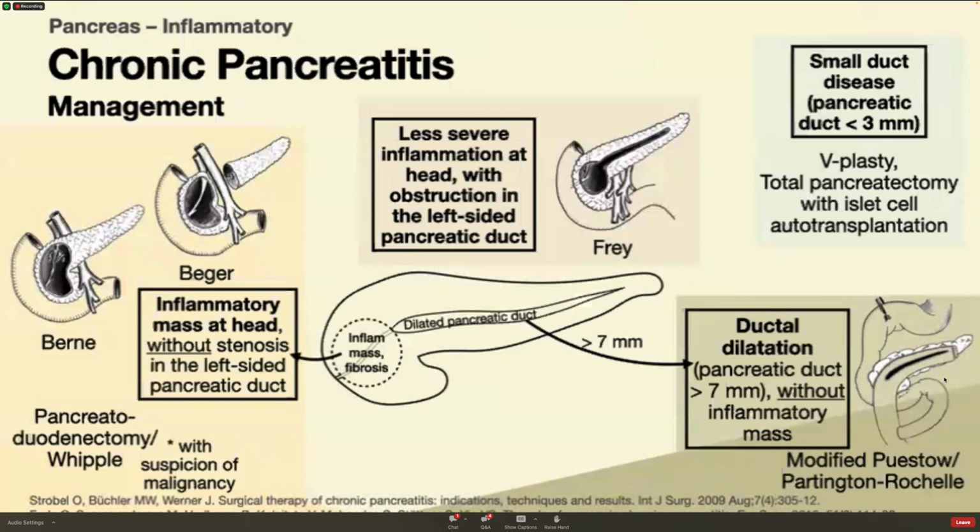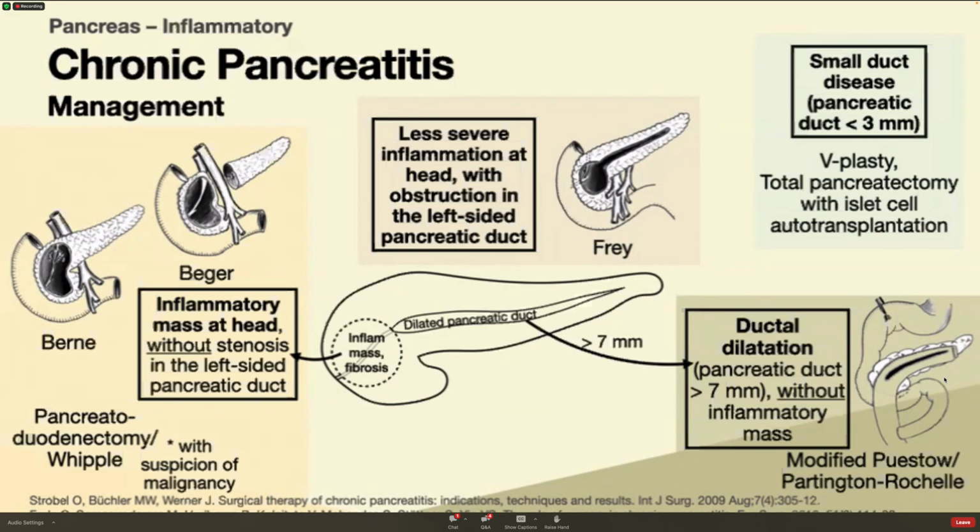Here is just a summary of the surgical options for chronic pancreatitis. So if the patient has an inflammatory mass at the head without stenosis of the pancreatic duct, then options include the Beger procedure, the Berne modification, and the Whipple procedure, especially if there's suspicion of malignancy in the pancreatic head.